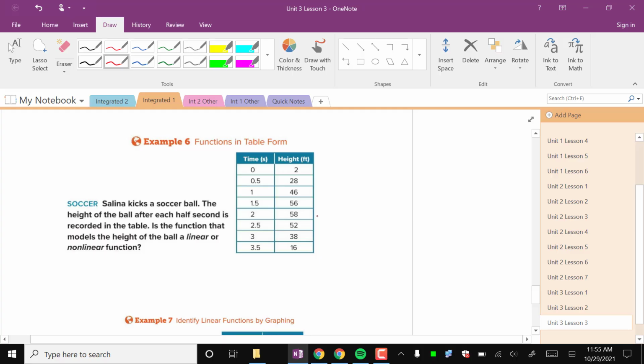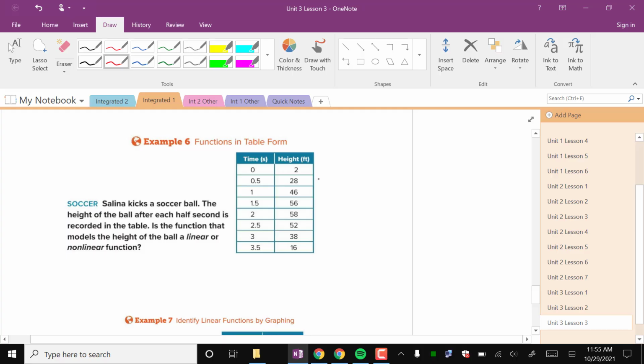So the first half, it's going from 2 all the way up to 58. Or sorry, from this to here, it goes from 2 to 28, so that's an increase of 26, and then it goes from 26 to 48, and then from 48 to 56, and then from 56 to 2.